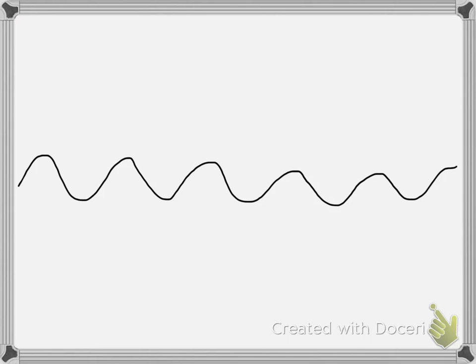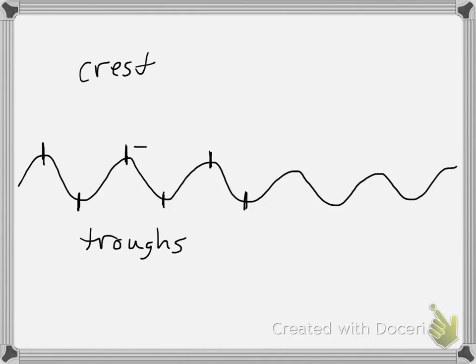Alright, so if we have a periodic wave here, and look at the crests, what we call the crests, the top of the wave, and the bottoms down here would be the troughs. Right? But the distance between any 2 crests is denoted by 1 wavelength.